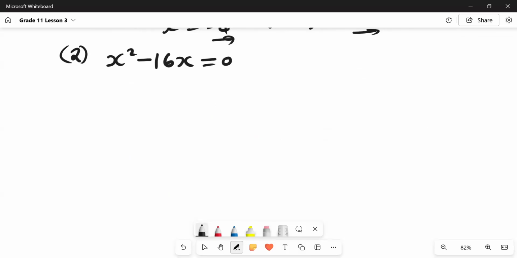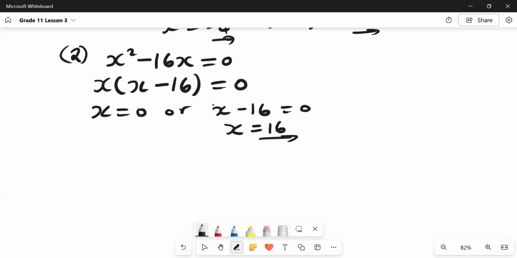Instead take out the common factor of x, and you'll be left with x minus 16 equals to 0, right? And then from here, we can say x is equals to 0, or x minus 16 equals to 0. And then we start transposing, and your x now is equals to 16. And then we're done. Again, it's not necessary for us to go through this step. We can just move from here to there. You'll get full marks.